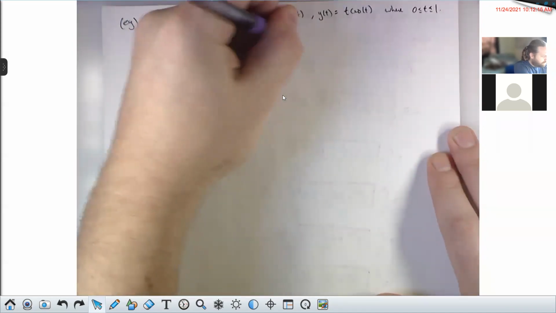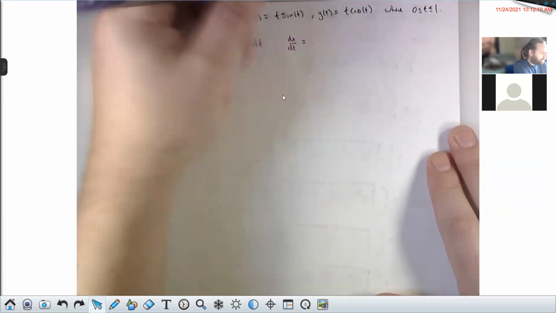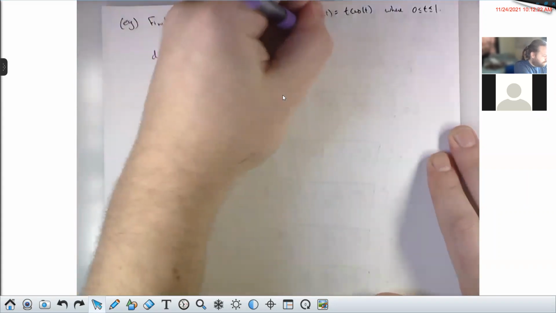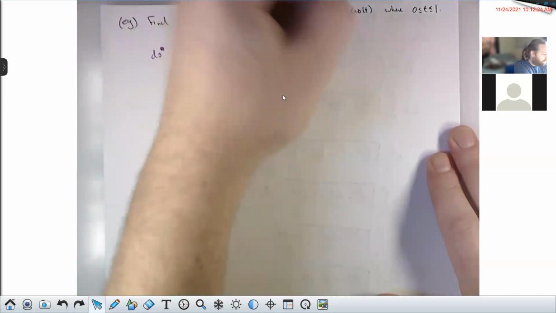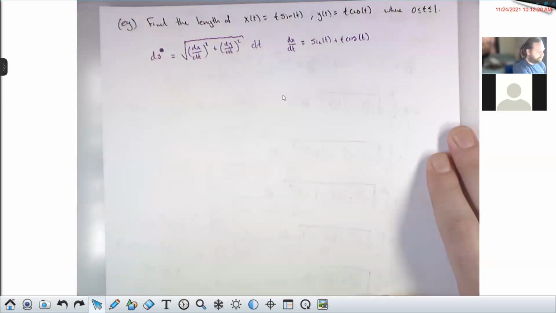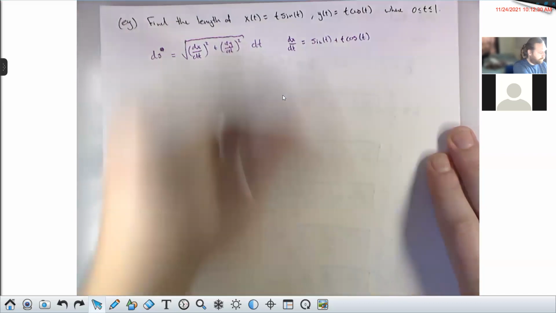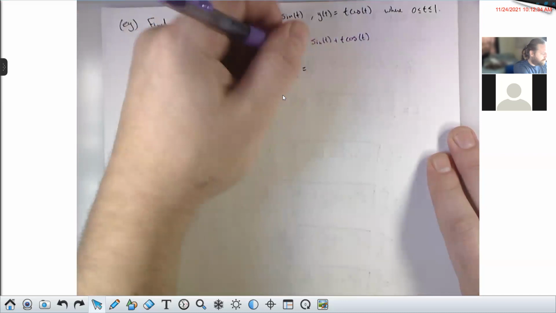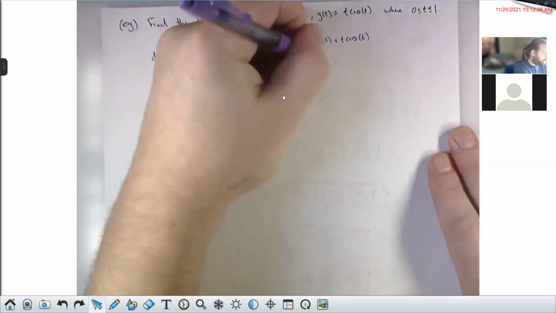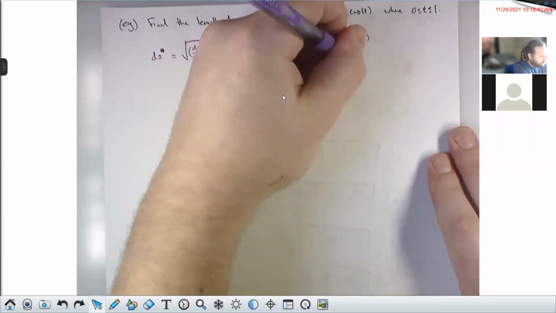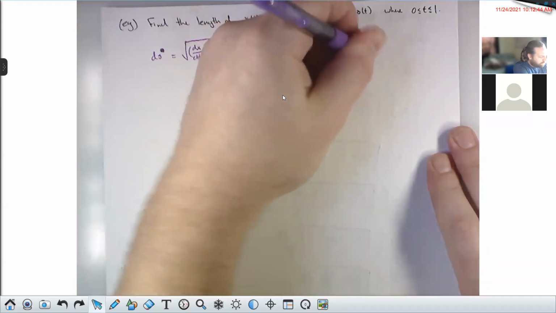So dx dt, if I differentiate t sine t, that's 1 sine t plus t cos t. dy dt, same thing, needs a little product rule. That's going to be 1 cos t plus t times negative sine t, or minus t sine t.